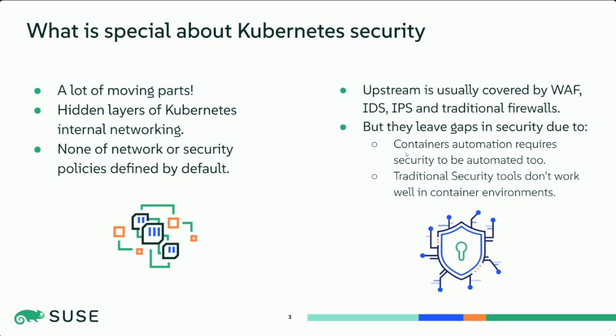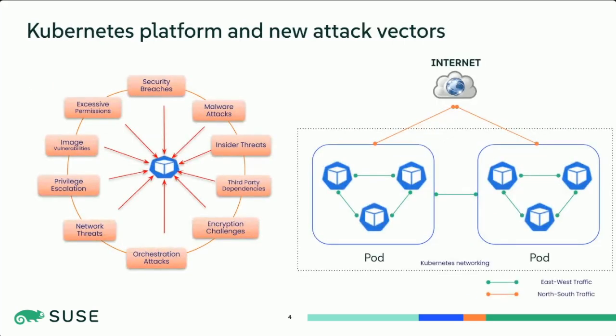Additionally, there are new things called attack vectors. Because of the new things Kubernetes brings in, like images and the supply chain that comprises a lot of open source projects and non-open source projects, all of these third-party dependencies you use to build your containers themselves, and also things like pod-to-pod communications that have never been dealt with in the physical world.